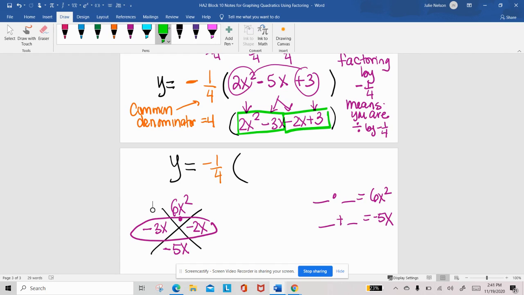Well, the first two, they have an x in common, and I'm left with 2x minus 3. The second two, notice it starts with a negative, but they don't have any number in common except for 1. So they have a negative 1 in common, and what's left is 2x minus 3. So I still have a negative 1/4 on the outside, but now my other factors are x minus 1 and 2x minus 3.